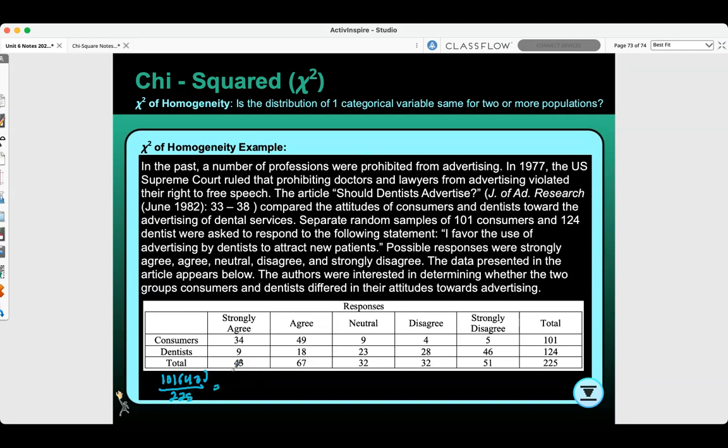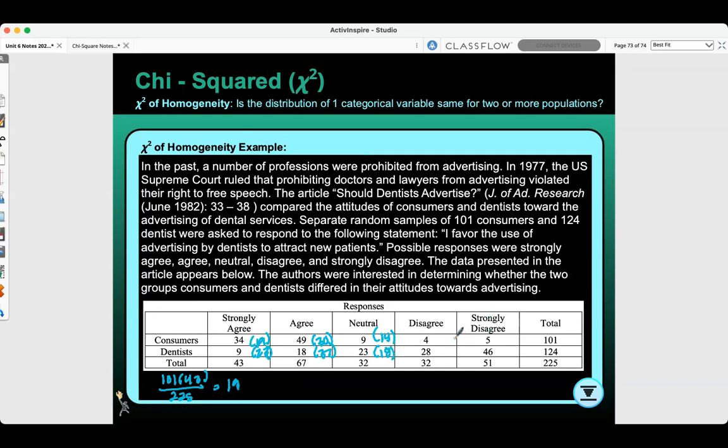And that would give you 19. So my expected value here would be 19. For dentists and strongly agree would be 23. 30 for consumers and agree. 37 for dentists and agree. 14 for consumers and neutral. 18 for dentists and neutral.